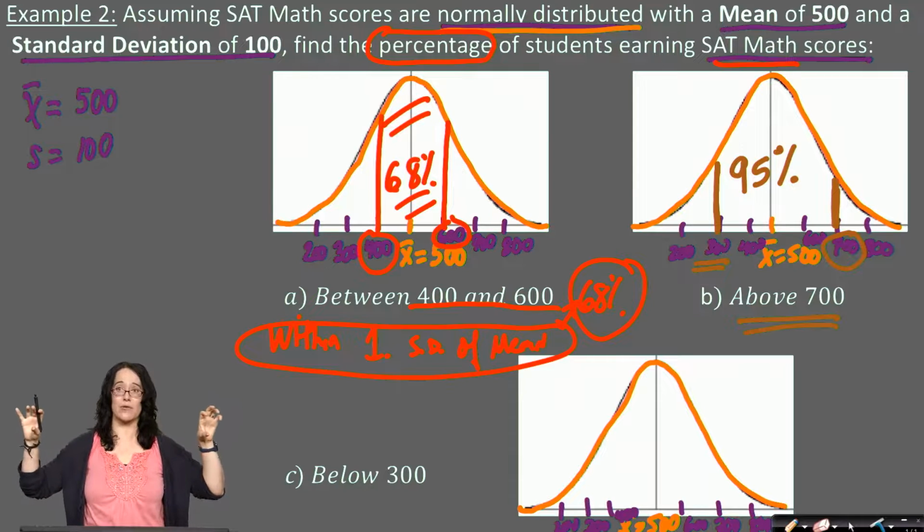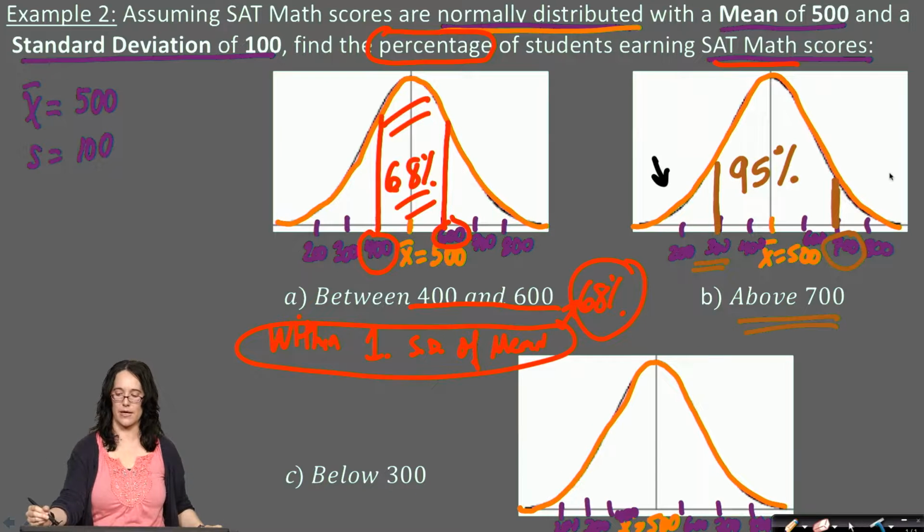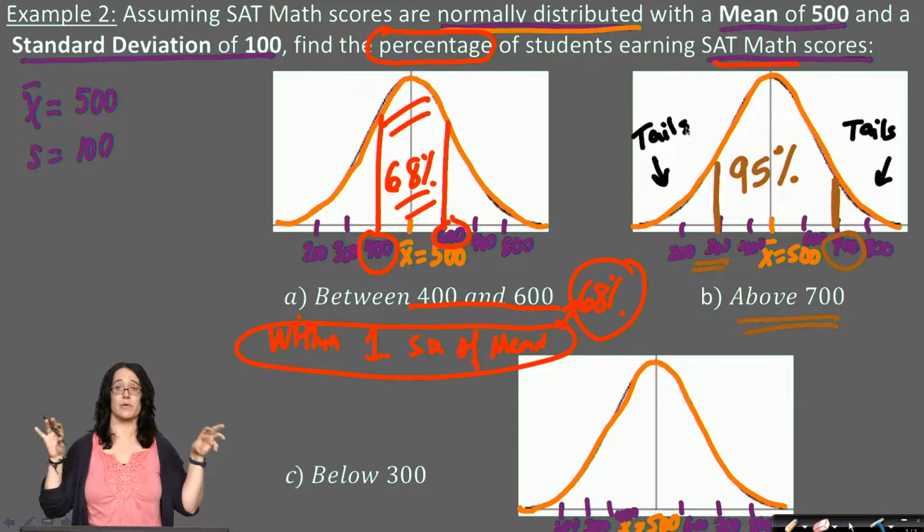And we'll talk more about tails if you take a formal statistics class, okay? So these tails right here. These tails are symmetrical because we have a normal distribution, so they have to have the exact same value in each tail. So if we know that there's 100% of all values under the curve, and we've already confined 95% of them to be between a 300 and a 700, then what is left for those tails?